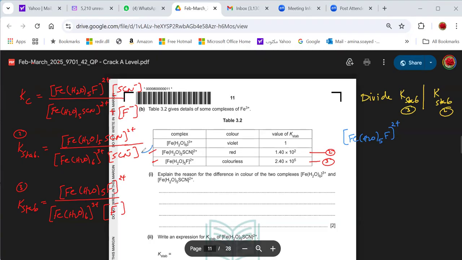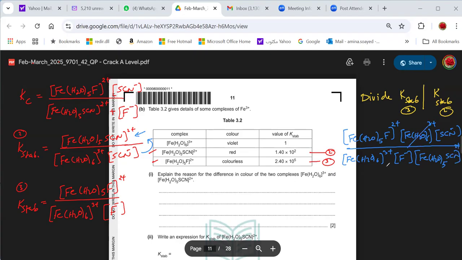Then we are going to obtain this in the numerator. So we say times the concentration of [Fe(H2O)6]3+ times the concentration of the thiocyanate ion, divided by the [Fe(H2O)6]3+ times the concentration of the fluoride ion, and then times the concentration of this one that is present in the numerator, which is [Fe(H2O)5SCN]2+.